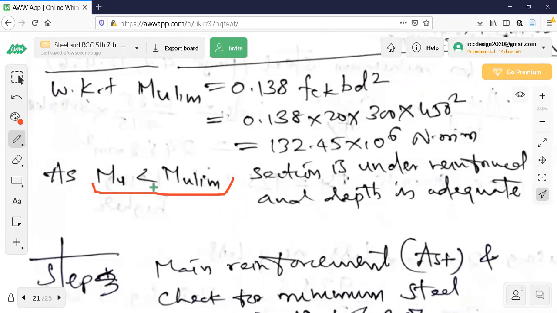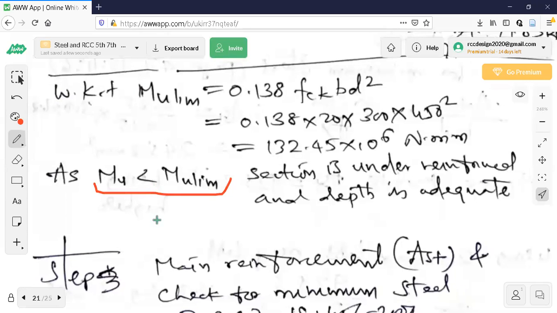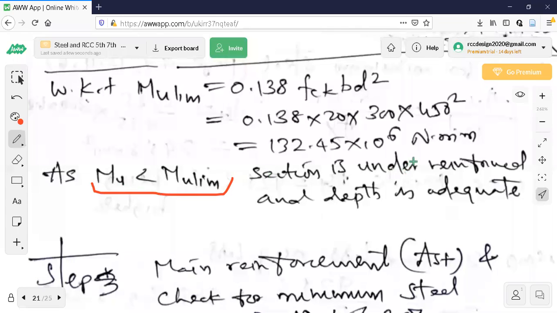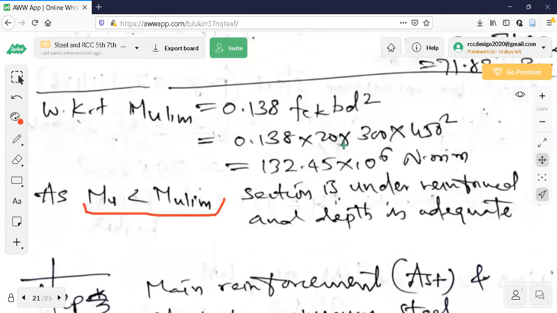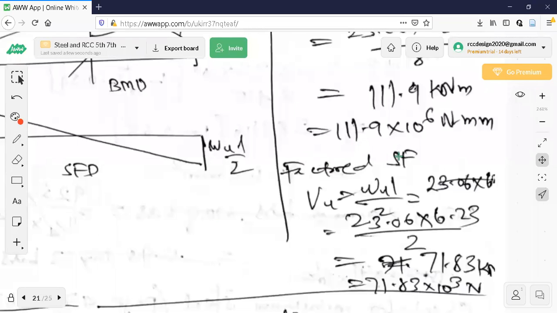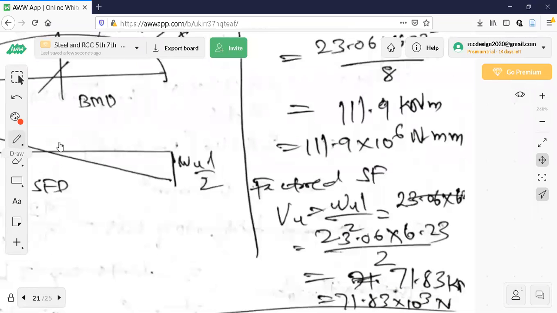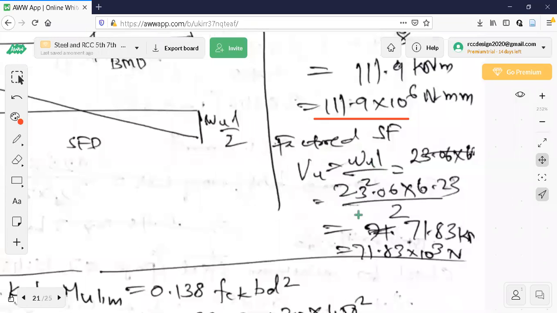And PT limit you cannot calculate here because I don't know how many bars of what diameter are there in the problem. I have to find that out actually. So I have to use only this one: MU less than MU limit. See this. This is MU and this is MU limit.